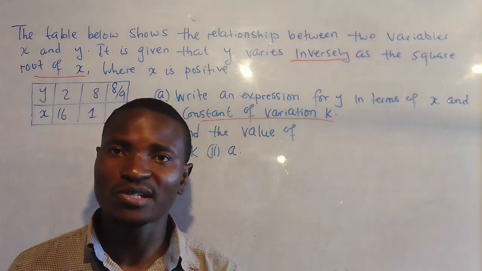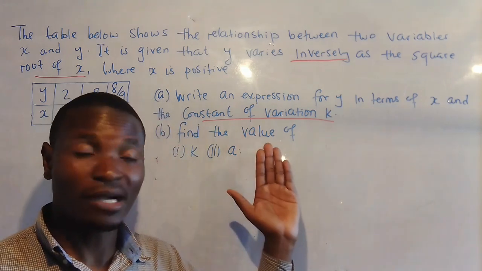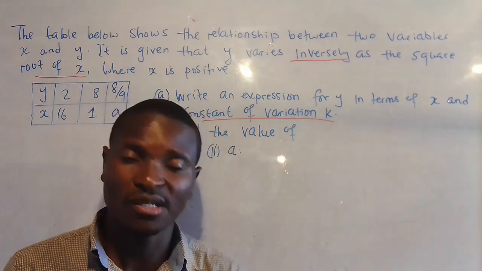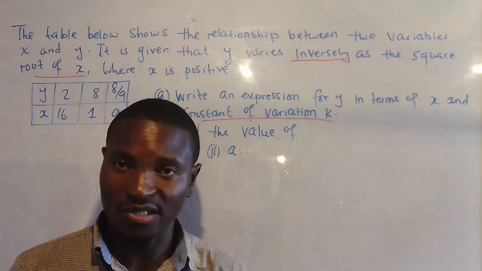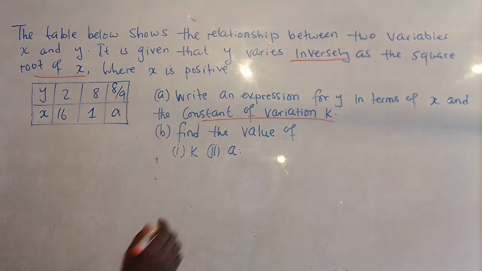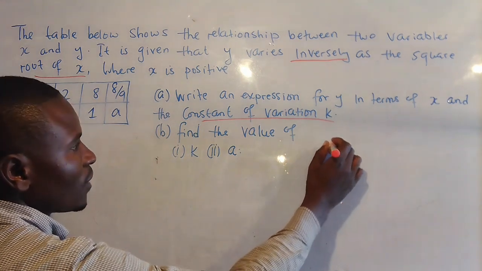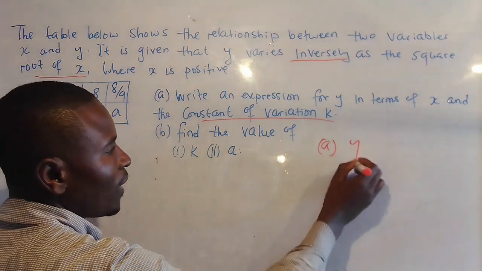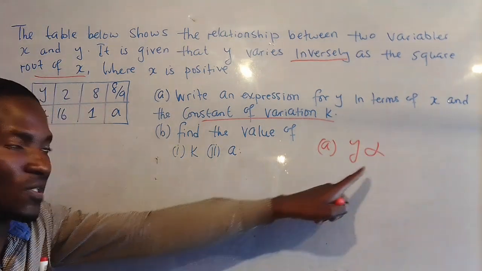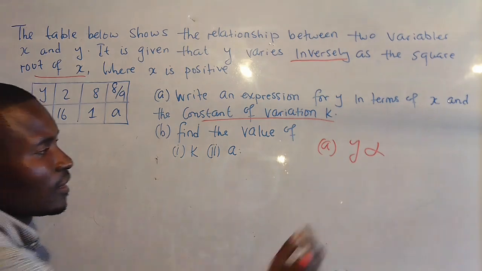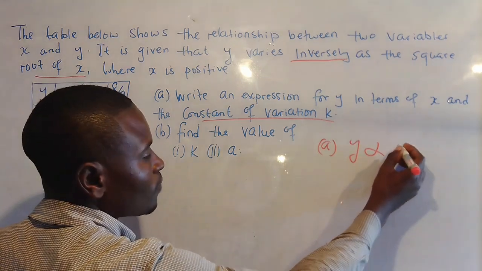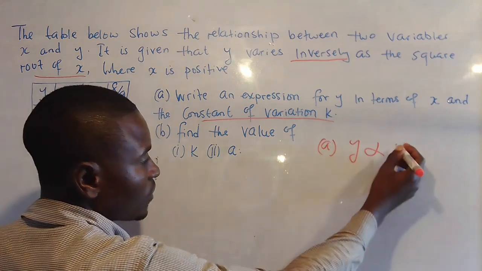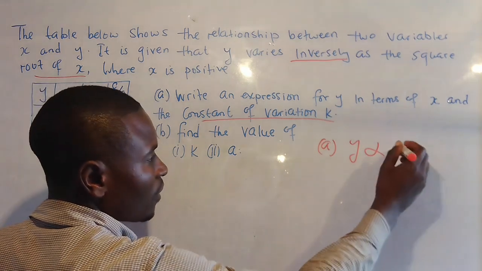We have been told that this is an inverse variation and y varies as the square root of x. So you say y, then the symbol of variation: y varies as the inverse of the square root of x.